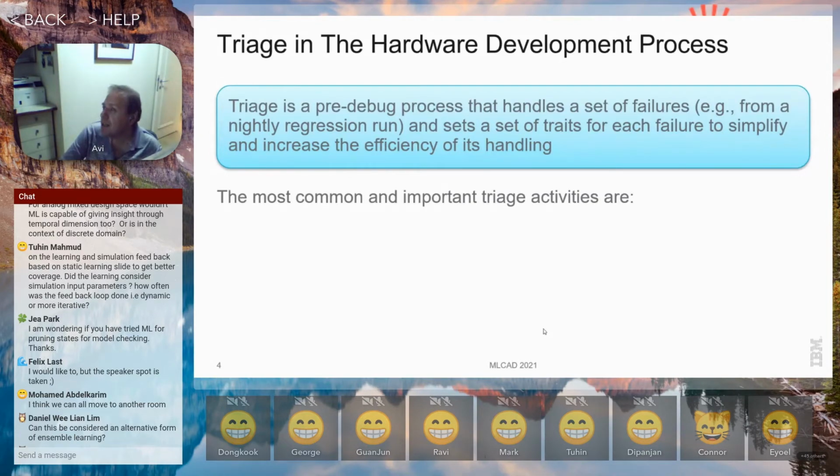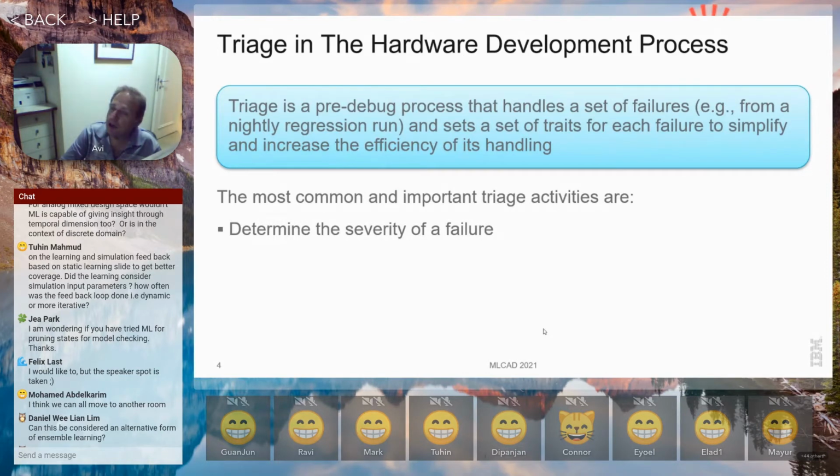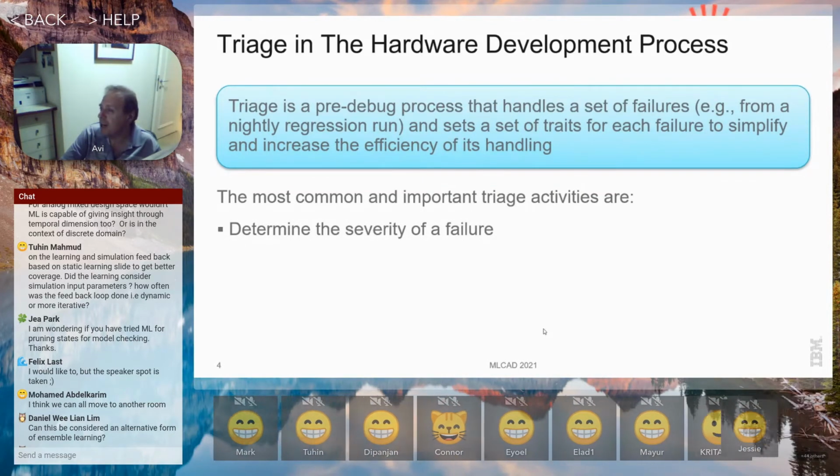And that means several things. So the important triage activities include, first of all, we want to determine for each failure how severe it is. Is it something that's going to hurt our chances to have a successful tape out? Is it something that's going to block our efforts to verify parts of the design and so on?